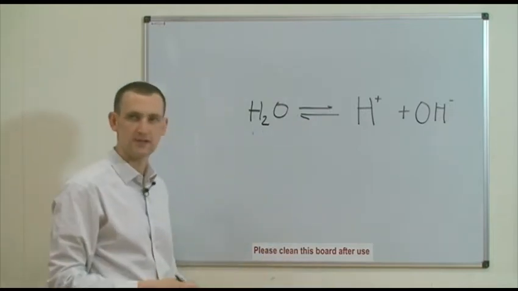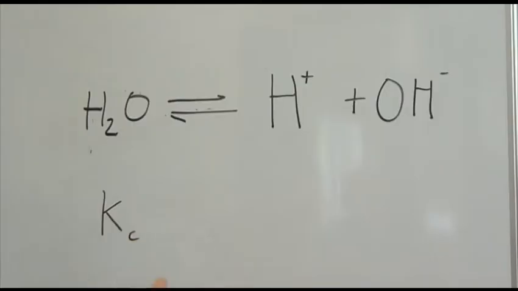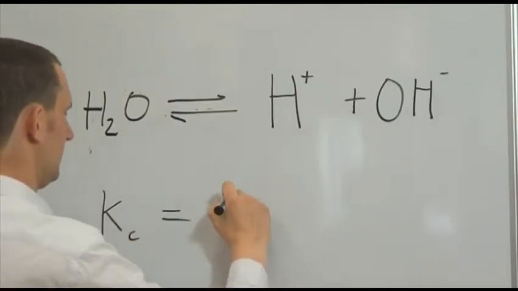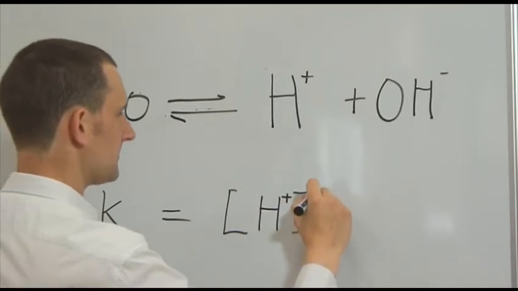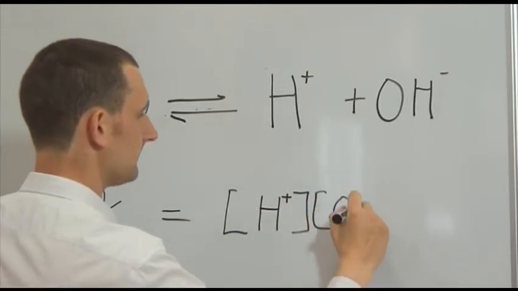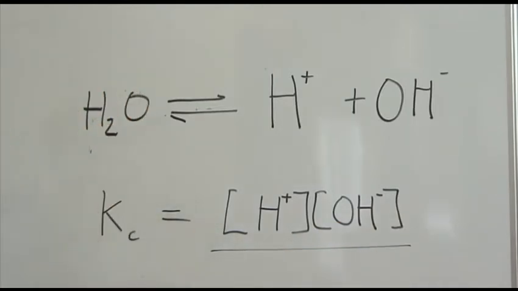For this equilibrium, we can generate an equilibrium constant, which is equal to the concentration of protons times by the concentration of hydroxide divided by the concentration of water.